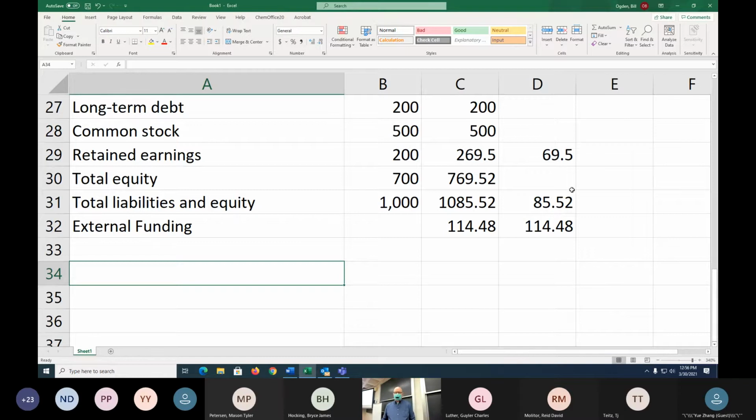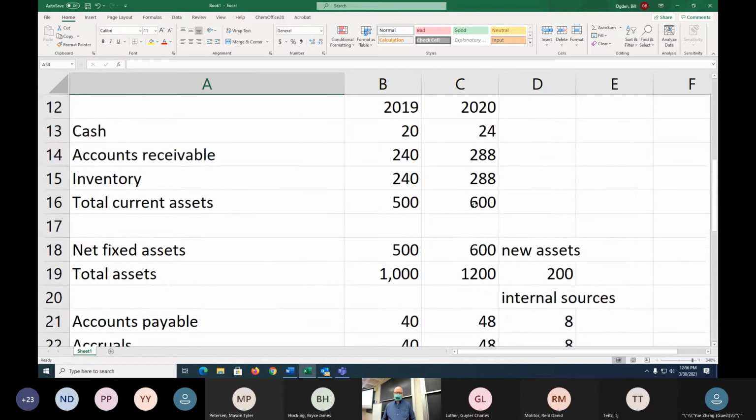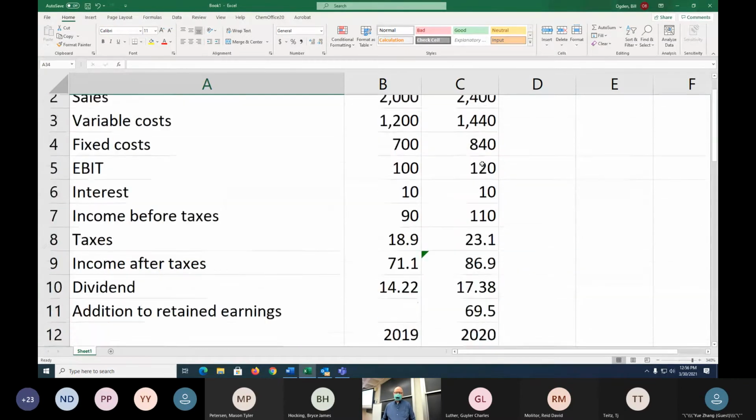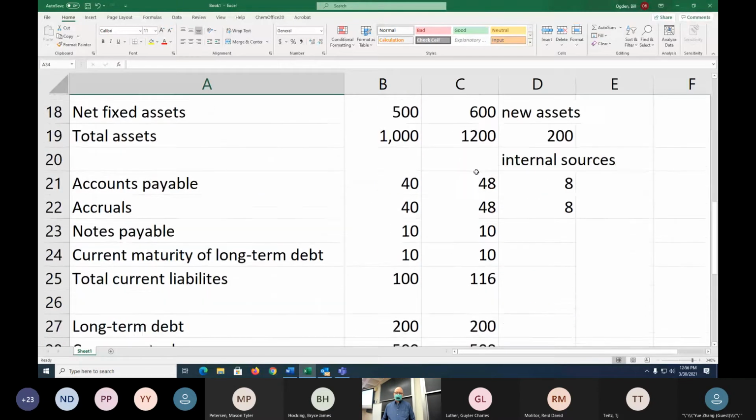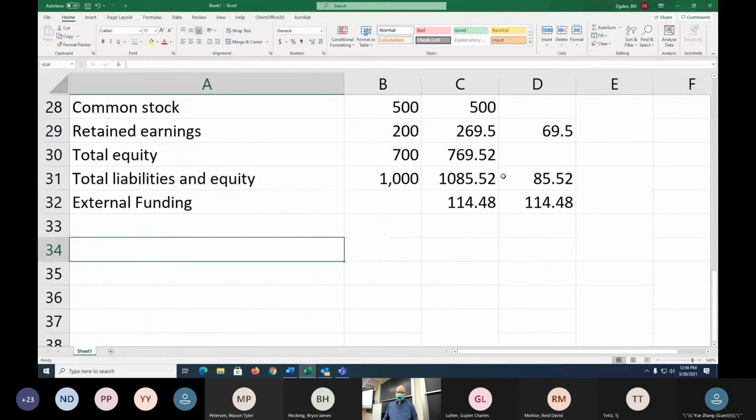All right, I work this part like this because you are familiar with these statements. I mean, they're rather simplified, but they're in a familiar format. If you were to go into a corporate valuation class, they wouldn't do it this way.